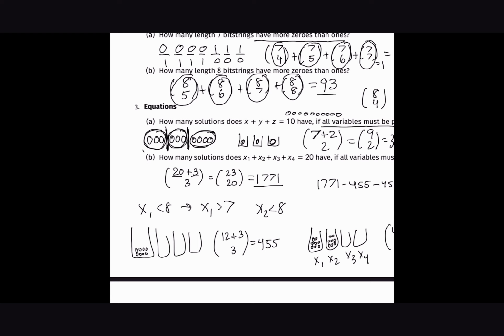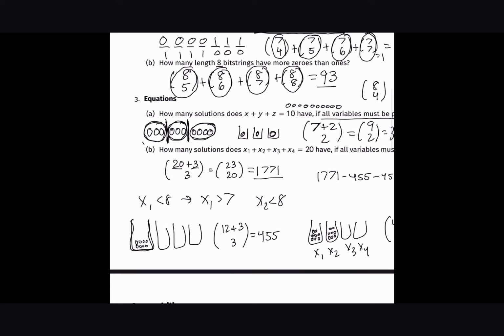So now we can think of x1, this bin, as already filled up with 8 balls, just to note that it is greater than 7, because our question is asking for x1 to be less than 8. Thus, we have 3 empty bins to denote x2, x3, and x4. Because we already used 8 balls, we have 12 balls left to fill in our bins, and 3 to represent our bars. So 12 plus 3, choose 3, is 455.